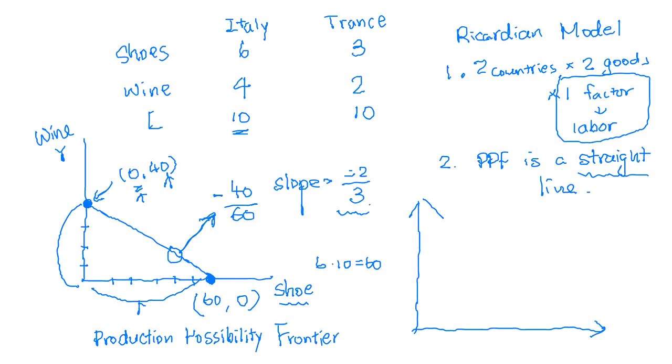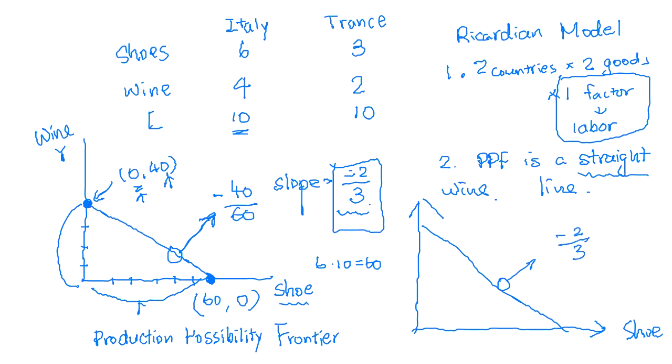So how do we figure out which country has the comparative advantage in producing, for example, shoes? You compare the slopes. In Italy the slope is -2/3, and if you do the same thing in France, putting shoes on the x-axis and wine on the y-axis, you find the slope is also equal to this.